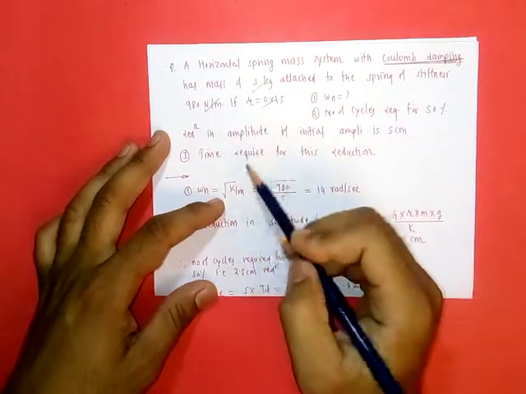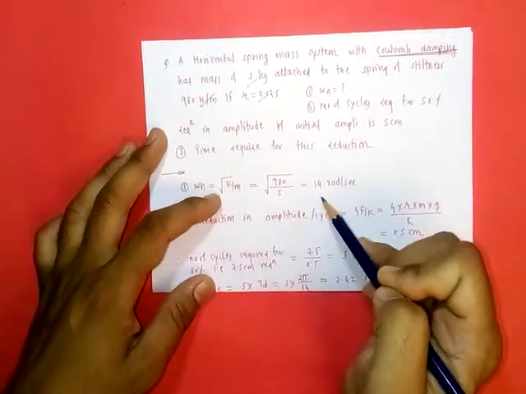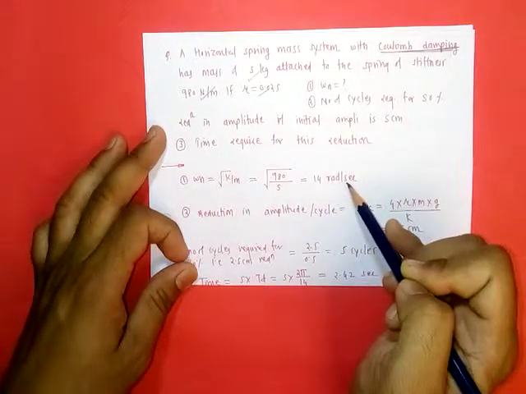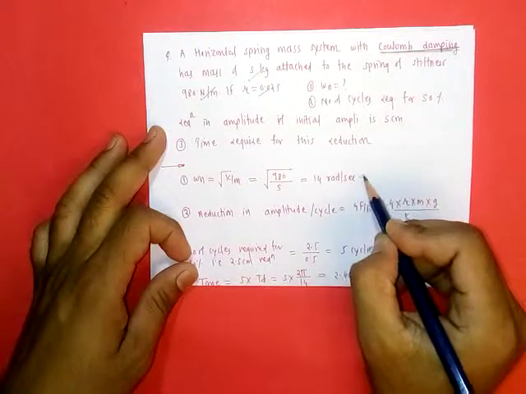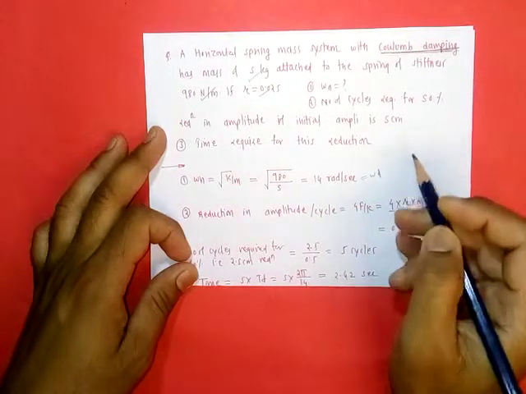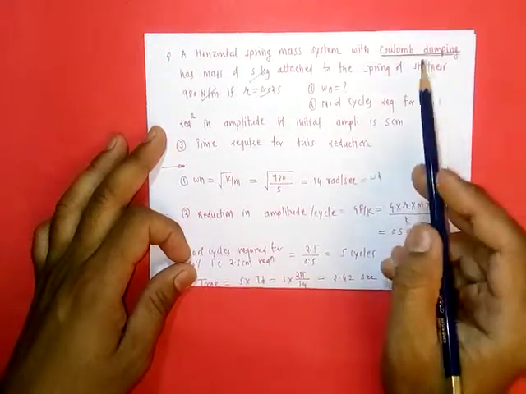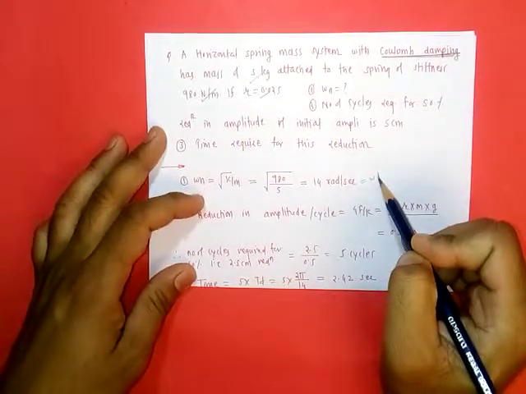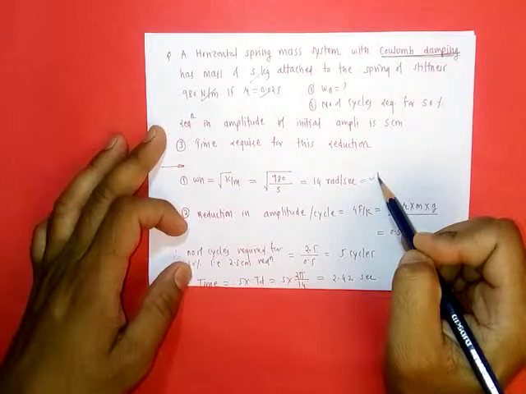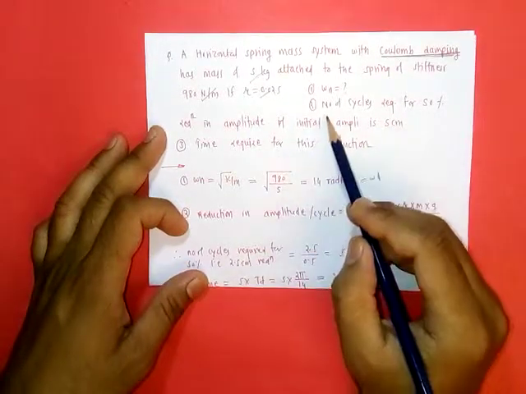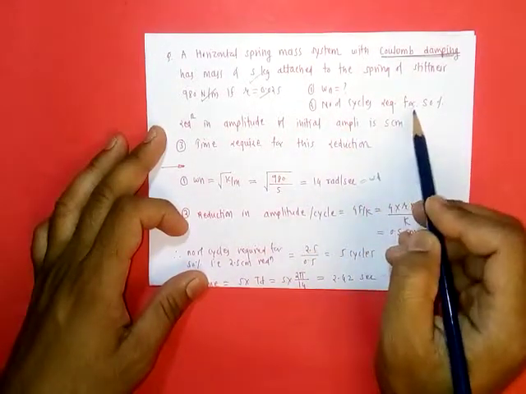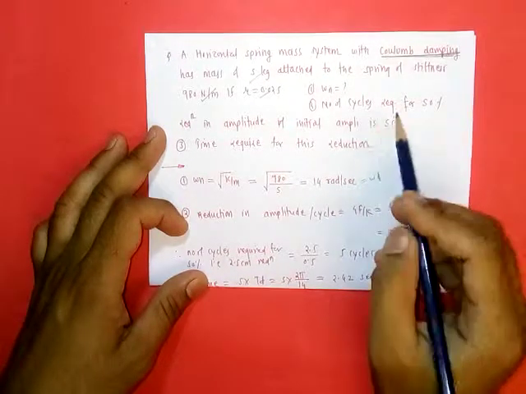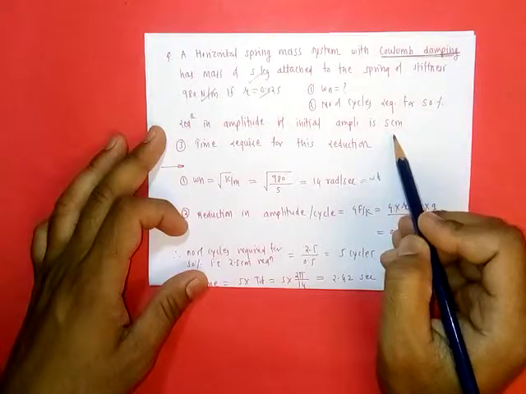K is given, m is given, so we can directly calculate omega n is equal to 14 radian per second, and it is also the frequency of damped vibrations, because in case of Coulomb damping, damped frequency is equal to natural frequency.